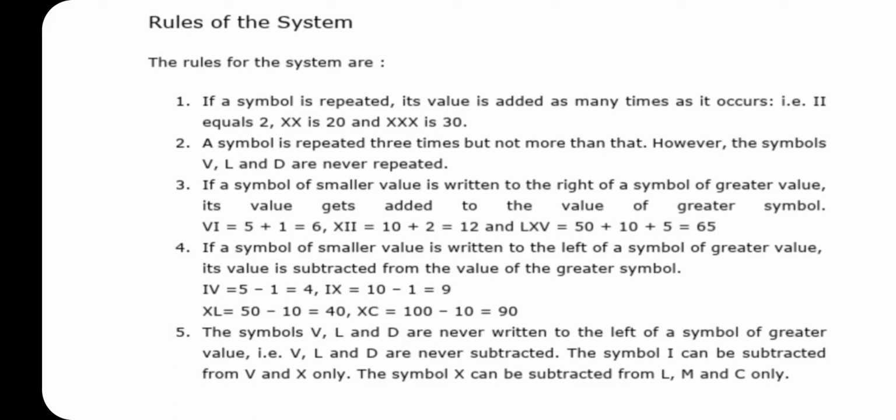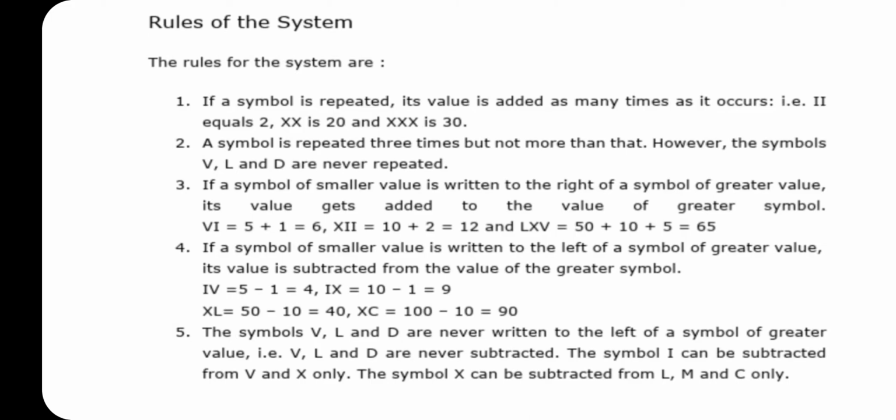Second, X with double I is X, which stands for 10, plus 2, that is the double I, will give you 12. And if you're writing a bigger number, for example, beyond 40, L, which stands for 50, X, which stands for 10, and V, which stands for 5, added up will give you 65.